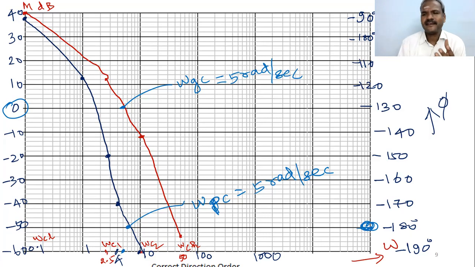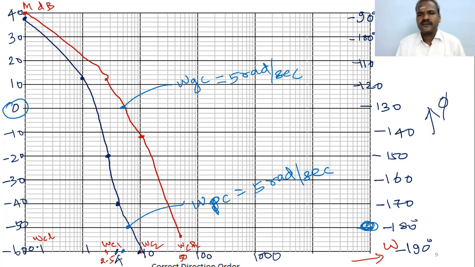Now let us find the gain margin and phase margin. Okay. So what is gain margin? Gain margin is the inverse magnitude of G of j omega at phase crossover frequency. So at this phase crossover frequency, what is the magnitude? So what is that magnitude?